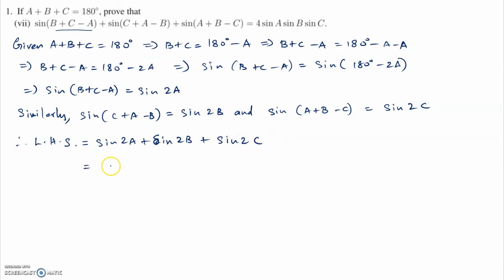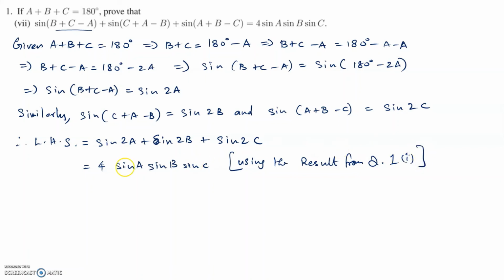Now this is equal to 4 times sin A sin B sin C, using the result from question number 1, first part. That is equal to right hand side, hence the proof.